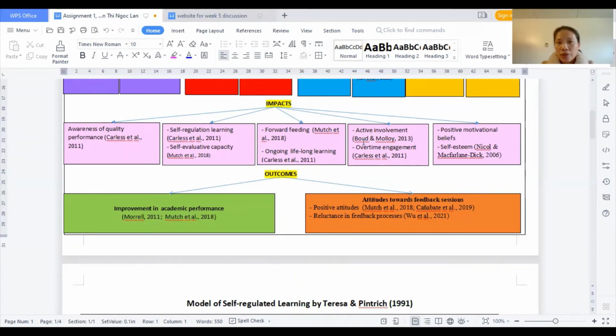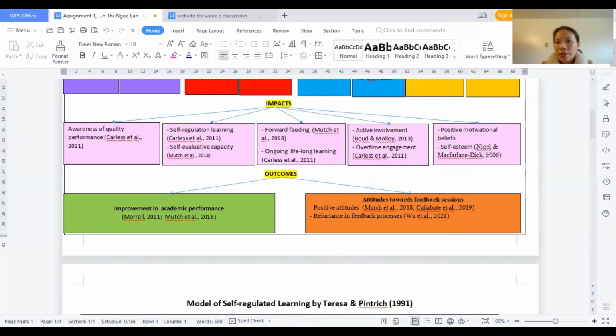Moreover, according to Boud and Molloy 2013, as well as Carless et al. 2011, with sustainable feedback, students can be involved in the feedback processes as well as their learning actively and over time.